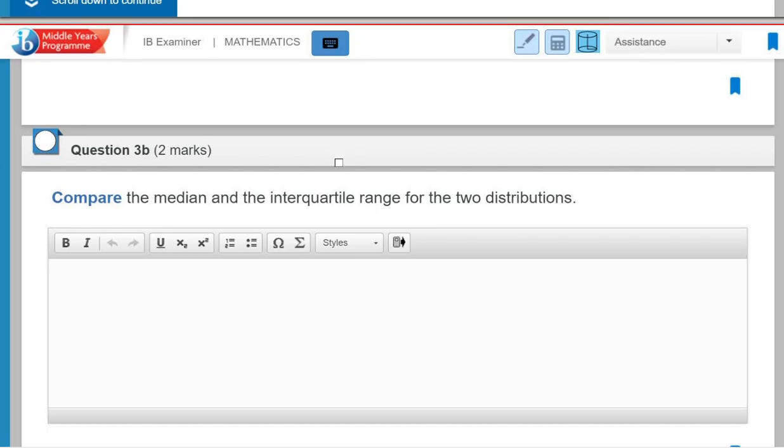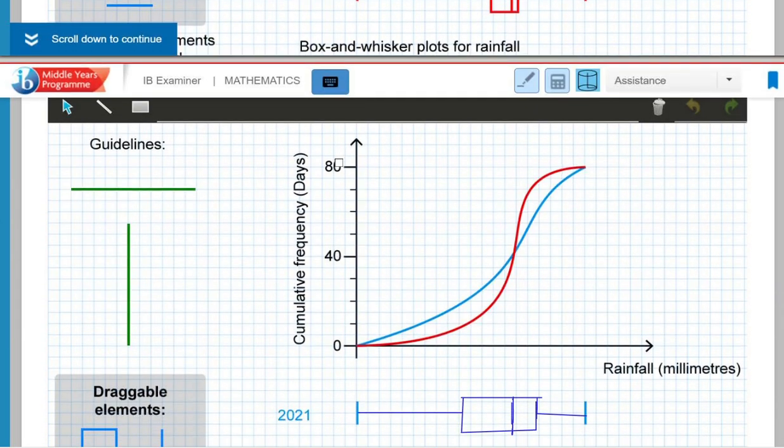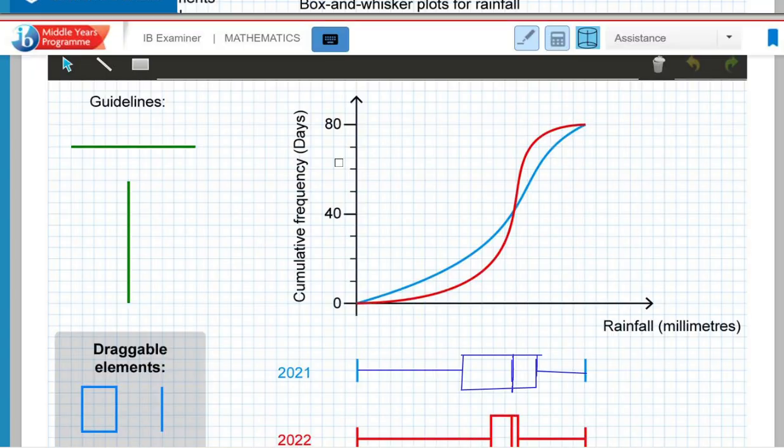Compare the median and the interquartile range for the two distributions. Look, it's evident here in front of us, the medians were absolutely the same, crystal clear in front of us, right? The medians were the same.